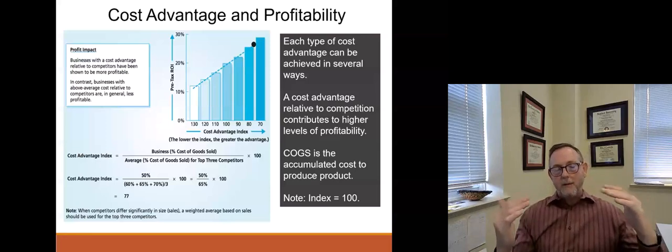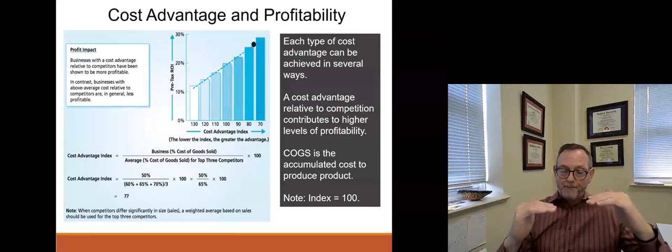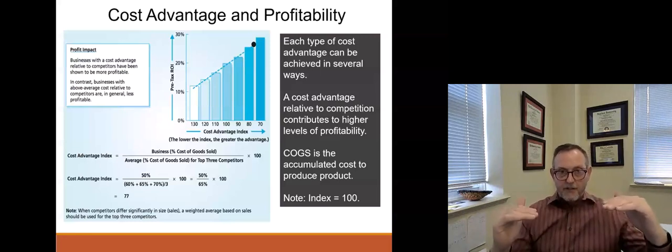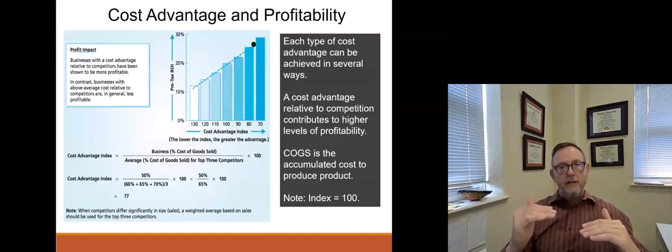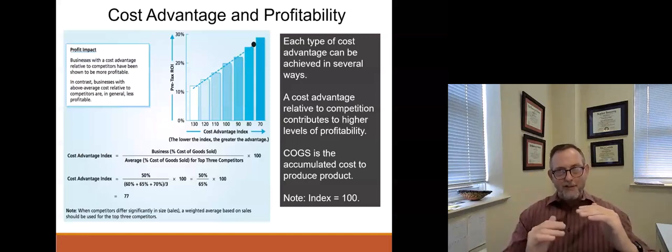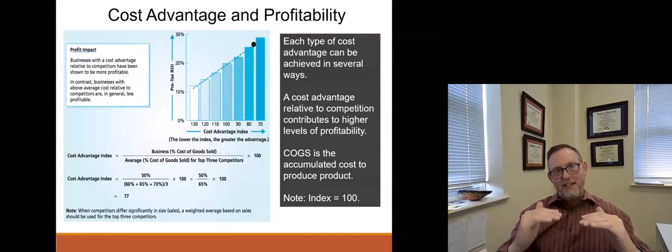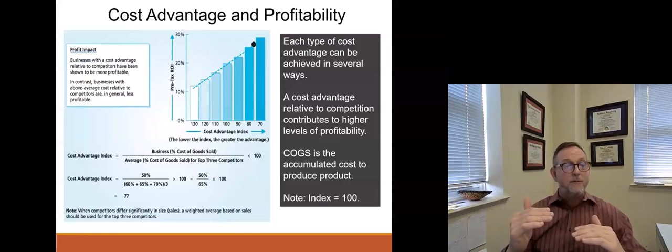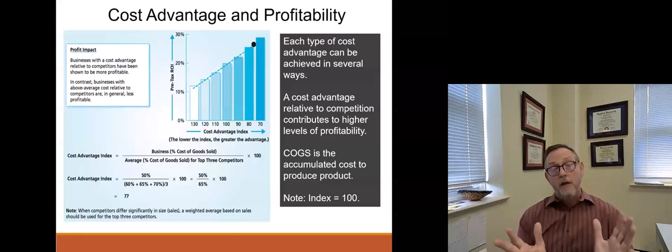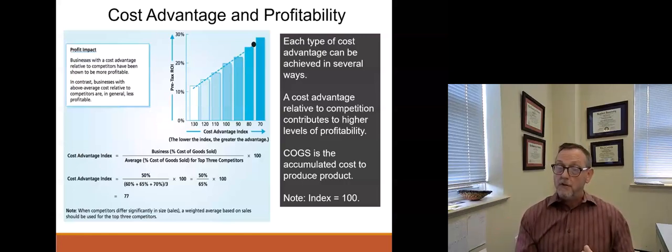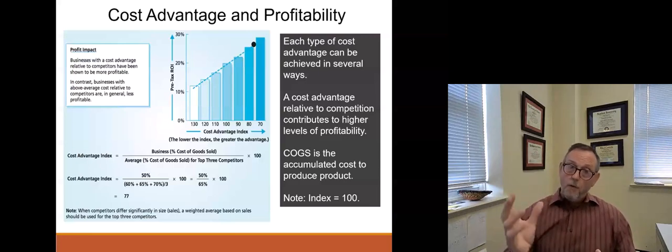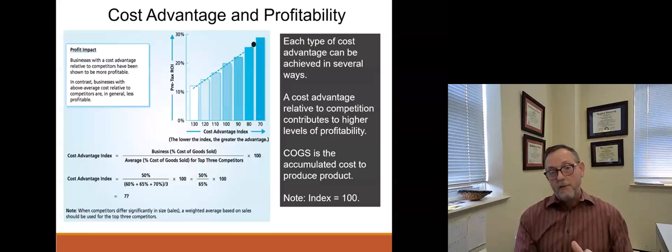So what ends up happening is the 100 score is average. Anything below 100, sorry, you're performing better than average. Anything above 100, you're performing below, because again, we want costs to be low. So this is one that you might think is reversed a little bit.